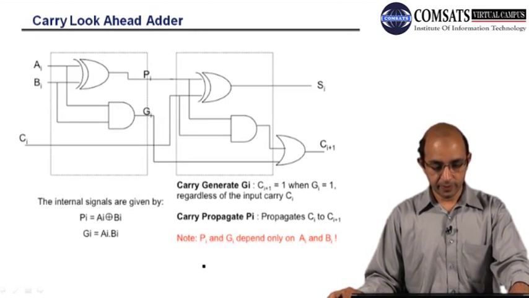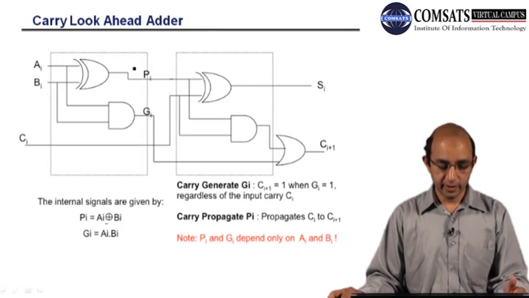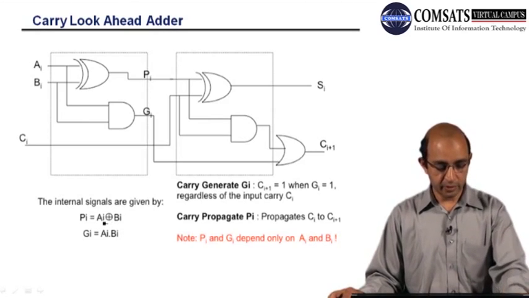So this is the same full adder circuit, right? But what we did over here, we have tagged a propagator over here, Pi, and then the generator over here, right? So you can see that this is the internal signal, Pi, and you can straight away calculate its output, right?